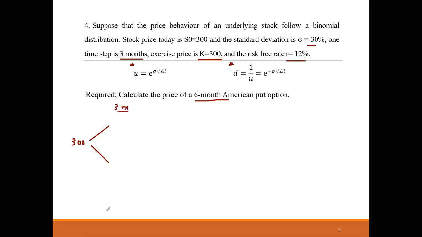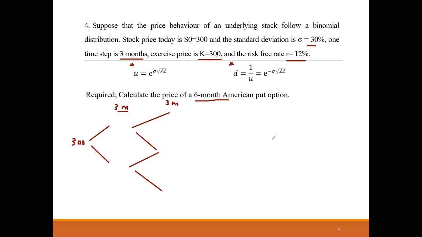And again, that value can go up and down again in another 3 months. To get the stock prices over here, we need to calculate what is U and what is D. This formula identifies U based on the historical volatility of the stock price. So calculate and tell me how much you get for U and for D.